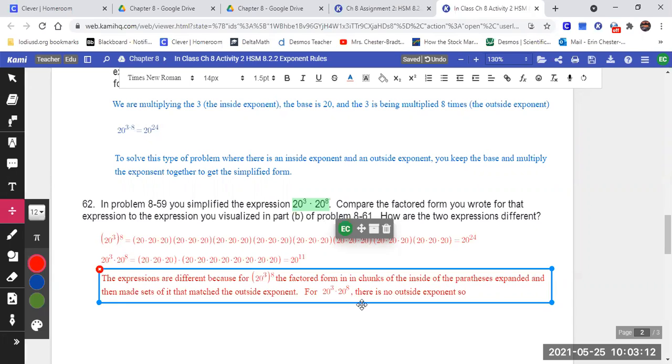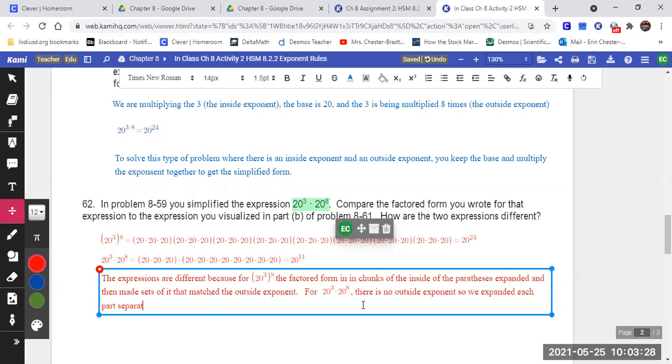So what did we do? We expanded each part separately, right? Which is the same as adding the exponents. And in this case, I've got to add that in up here, this expansion part, which means we multiplied the exponents. And I'm going to move that over so it doesn't get in the way.